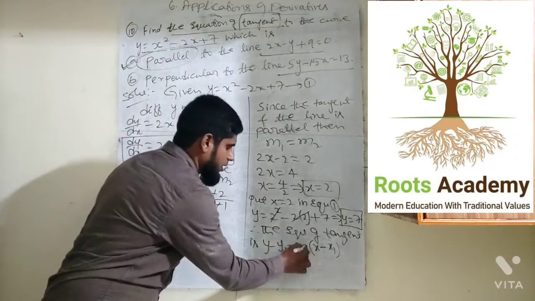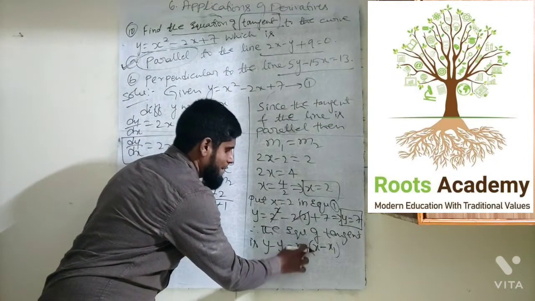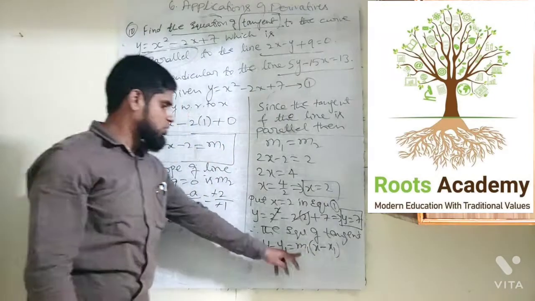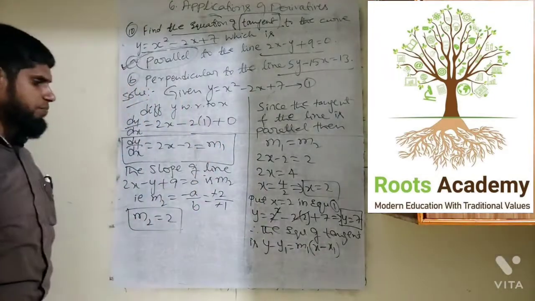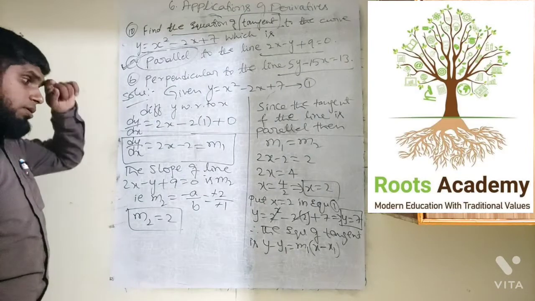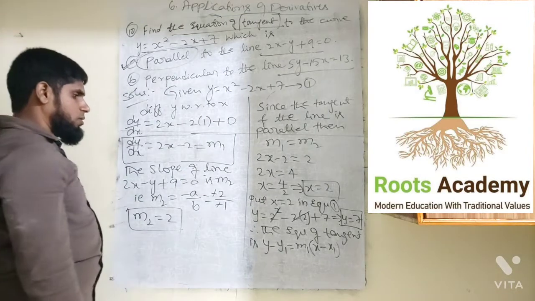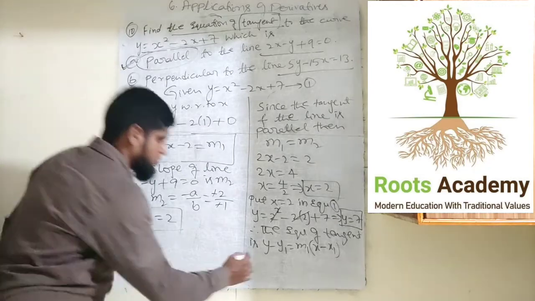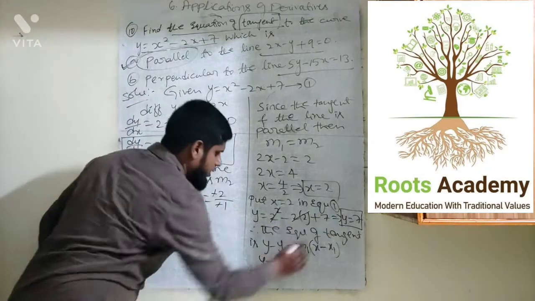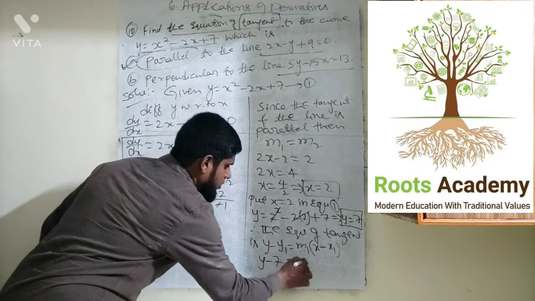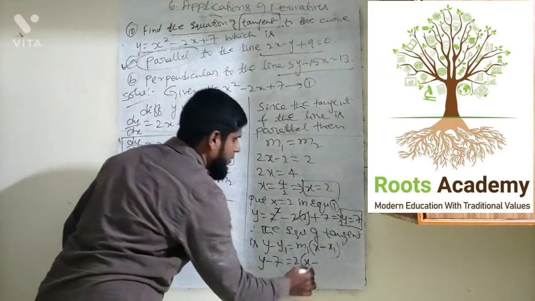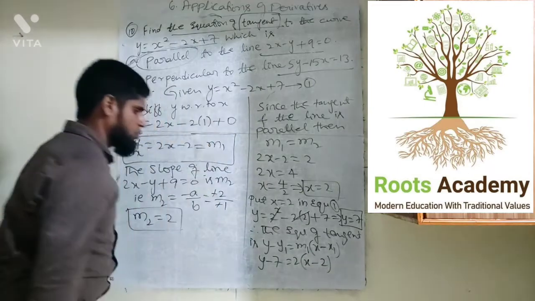Here m1 or m2, because both the slopes are equal. So y minus y1, which is 7, is equal to m1, which is 2, times x minus x1, which is 2.